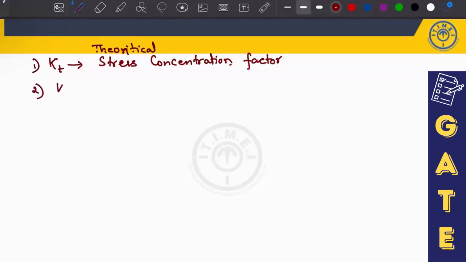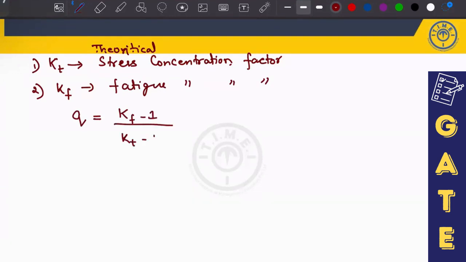The second one is the fatigue stress concentration factor, Kf. There is a relation between the notch sensitivity and the theoretical as well as the fatigue factor: q equals Kf minus 1 divided by Kt minus 1, where q is called the notch sensitivity.